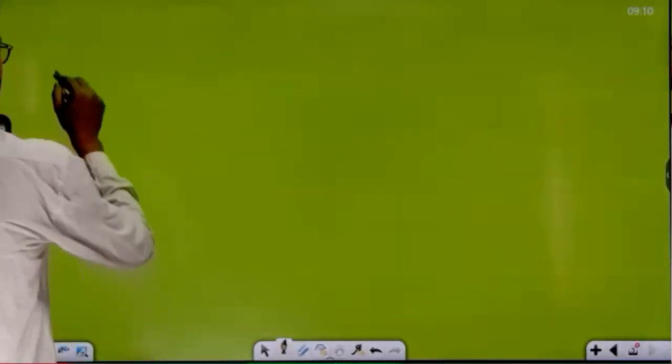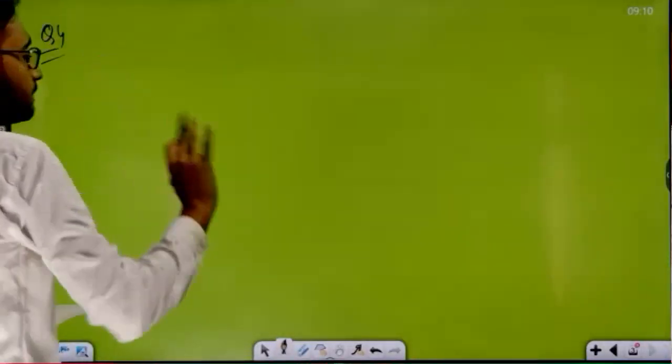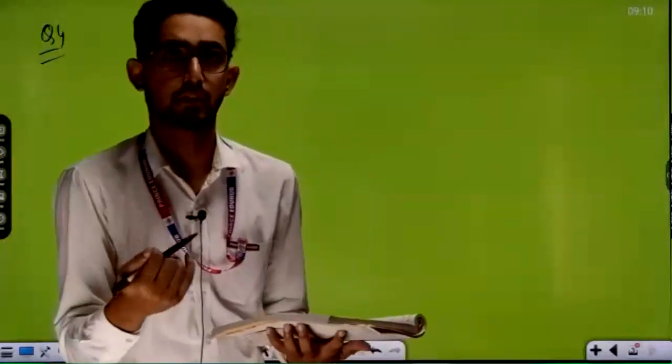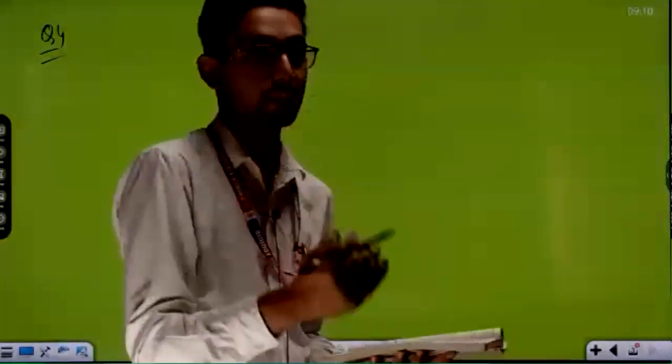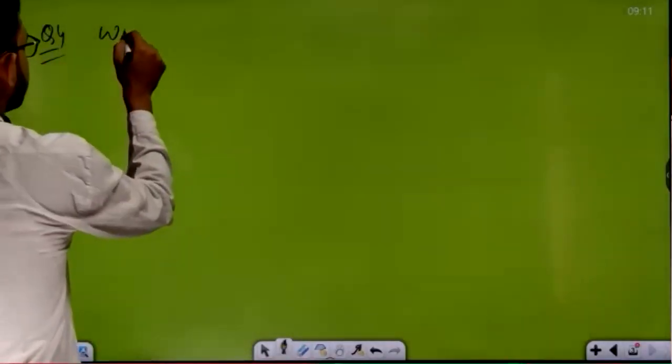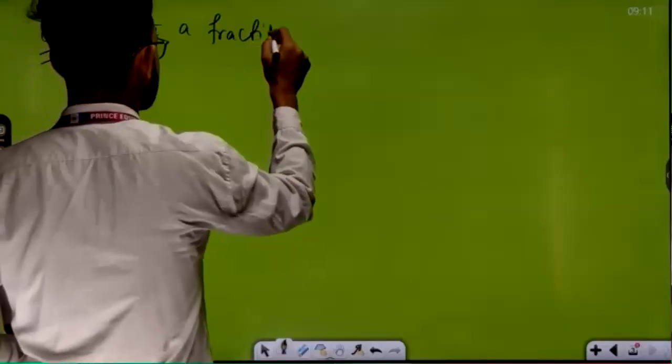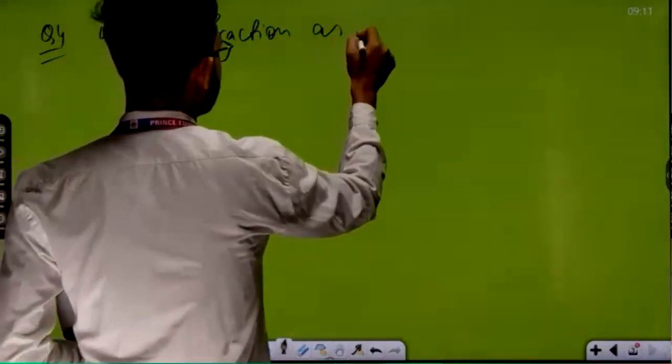Question number 4. And this question number 4 is a very, very important question. Some questions are easy, and some questions are not difficult, medium level. So try to understand. In this first question, that is given, write a fraction as indicated.